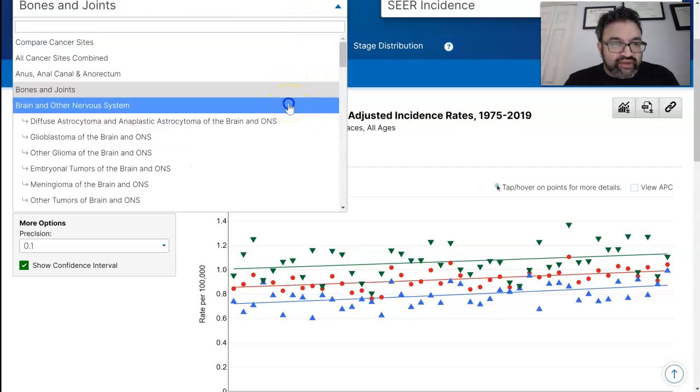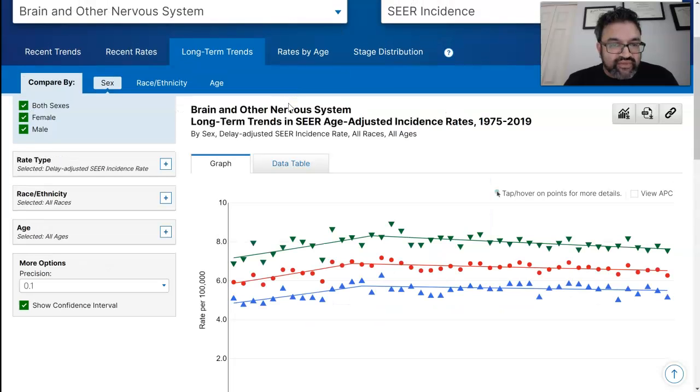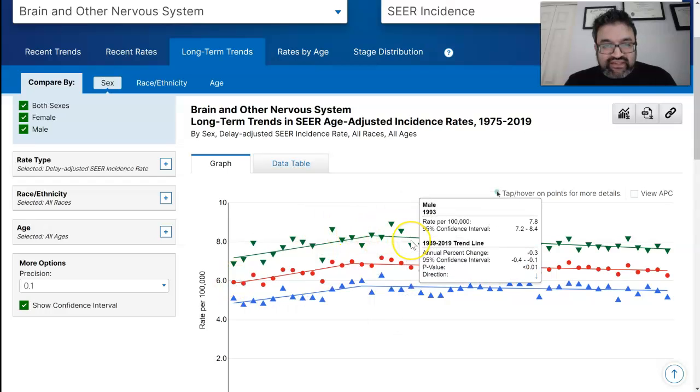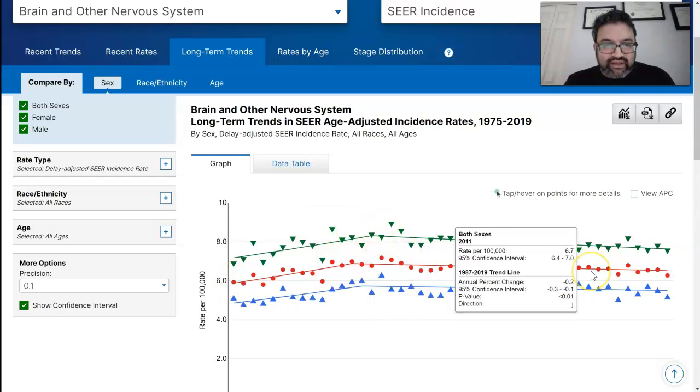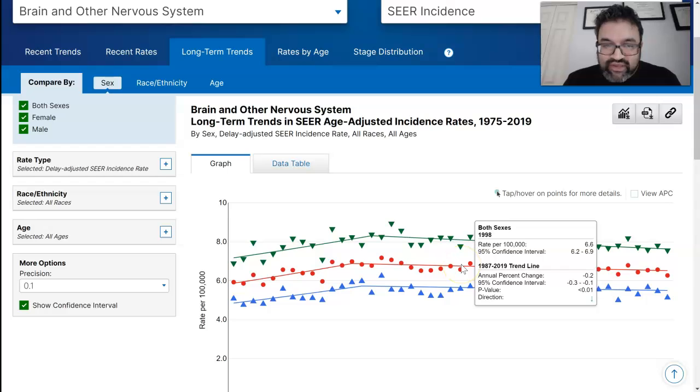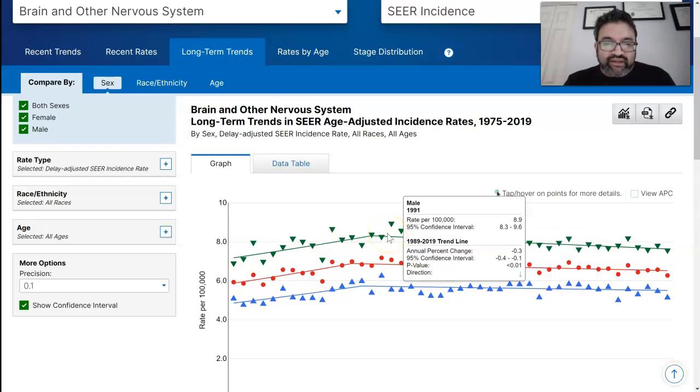And then we go down into the brain and nervous system. Actually, there was an increase in trends, but then there's a decrease in brain and nervous system cancer. With brain cancers, this is where there are bridges between epidemiology, public health, and medicine.